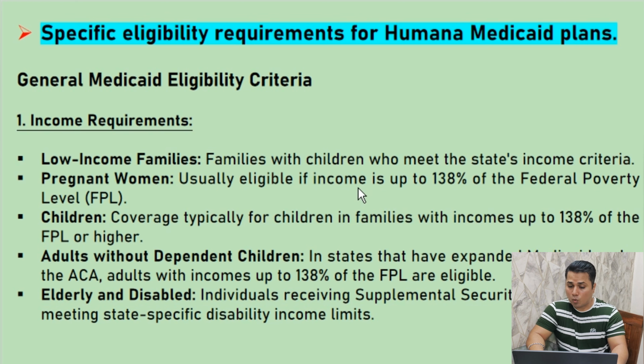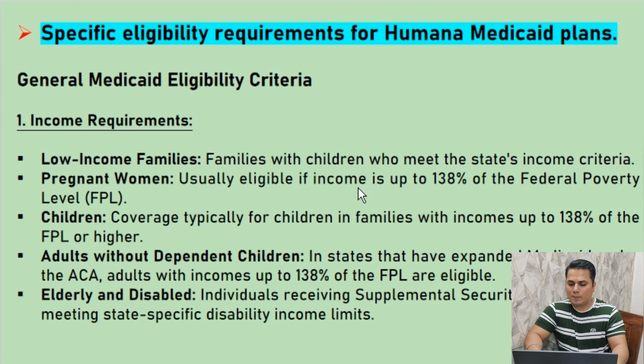Specific eligibility requirements for Humana Medicaid plans. General Medicaid eligibility criteria. Number one, income requirements. Low income families, families with children who meet the state's income criteria. Pregnant women, usually eligible if income is up to 138% of the federal poverty level, FPL.